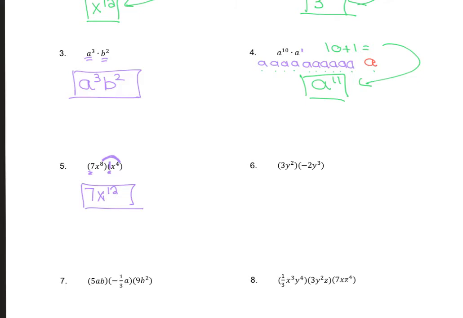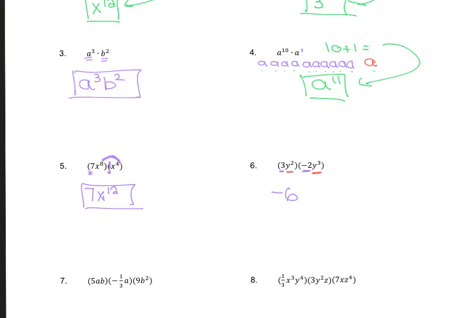All right, number 6. So we see here's our coefficients. We have a 3, and we have that -2. So 3 times -2, we get -6. And now we have the y to the 2nd and y to the 3rd. We're going to do the same thing we've been doing with the last few, okay?